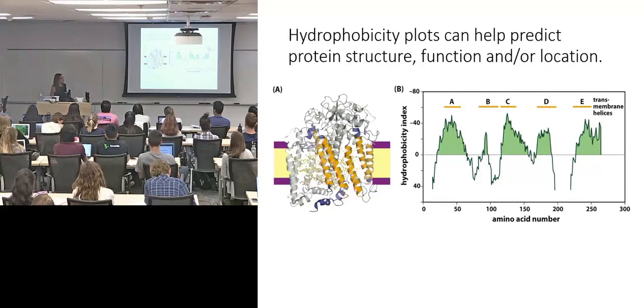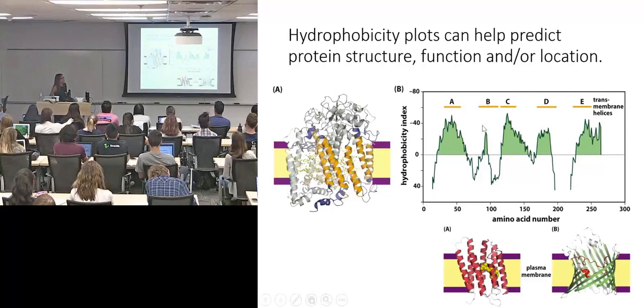Now, for this one, it's showing you that this one might be the bacterial rhodopsin, I can't remember. This one has roughly these 5 transmembrane alpha helices in there, indicated in yellow. They're the 5 big hydrophobic peaks of sufficient length of amino acids. I can't, from this alone, without this figure, know if this is an alpha helix.